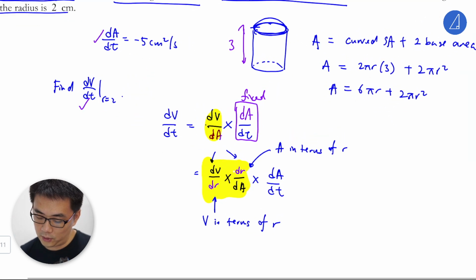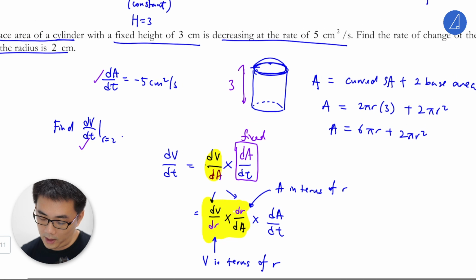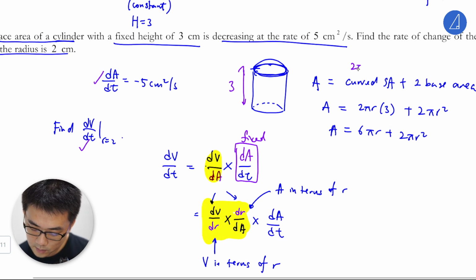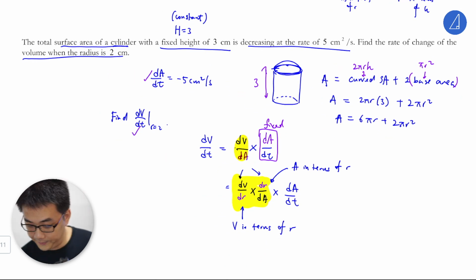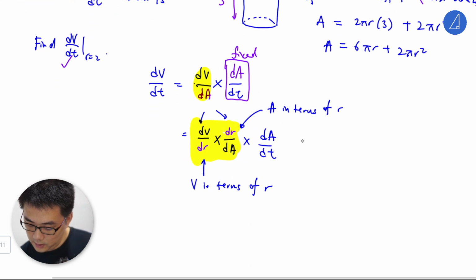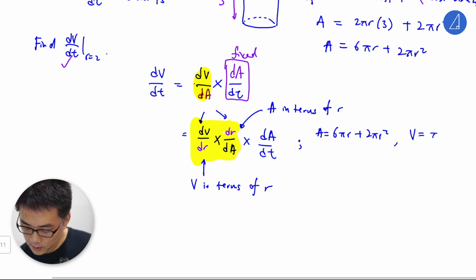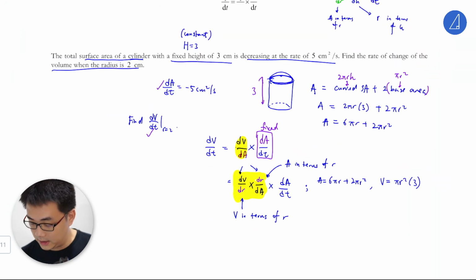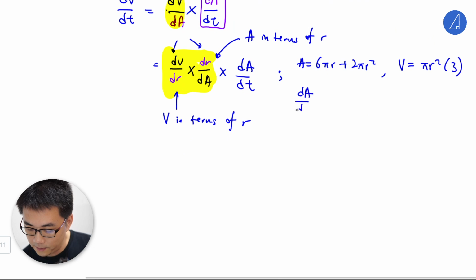The volume should be quite straightforward: pi r squared times 3. Once this is done, you have dA/dr is 6 pi plus 4 pi r.